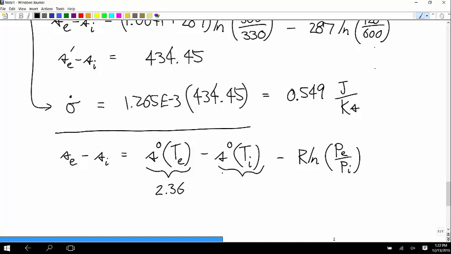These are in kilojoules, though. So 2.46 times 10 to the third, and then minus 287 times the natural log of 0.2. And so what do you get for all this?